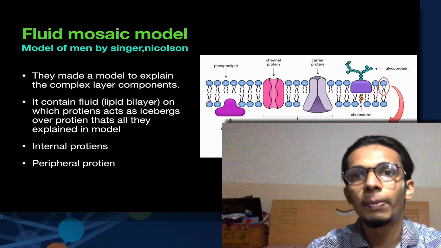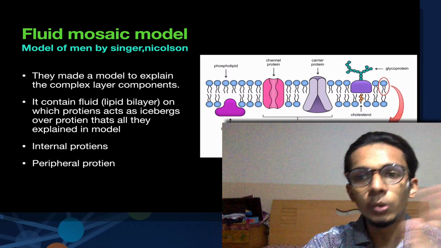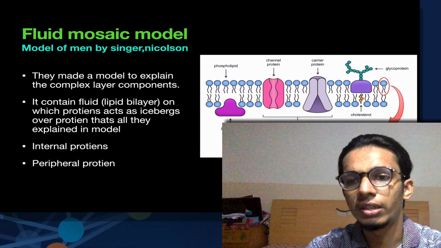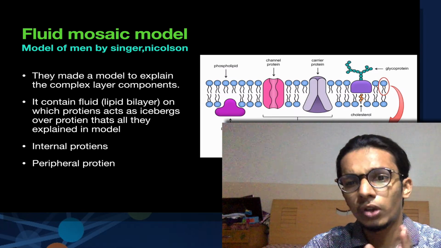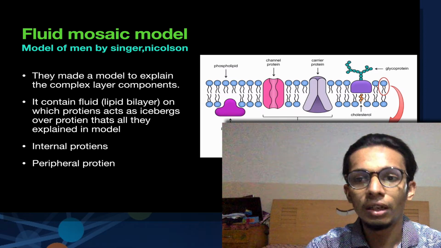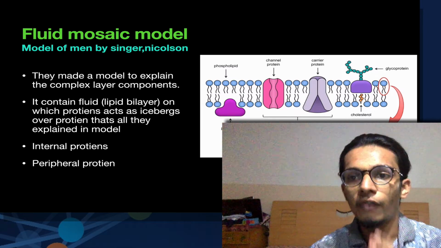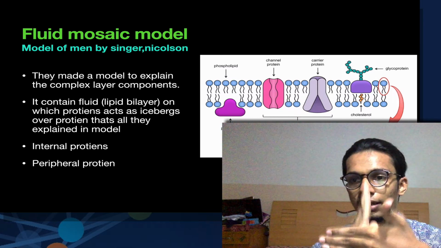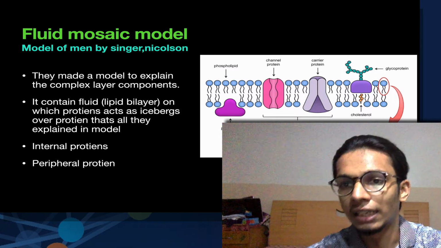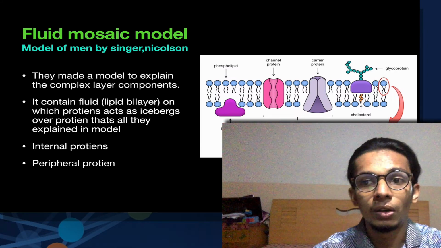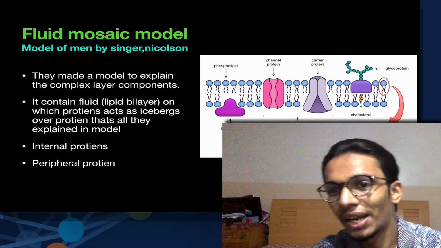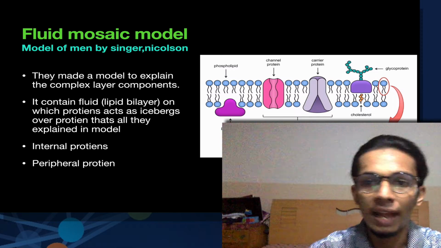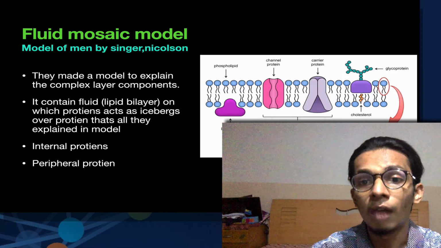Those sorts of channels are known as integral proteins because they are fixed inside the membrane like this. You can see the pink color, and at the right side light and dark gray color. These are the integral proteins, and at the left side in the image we have purple color.